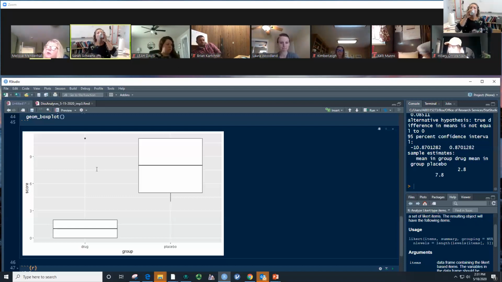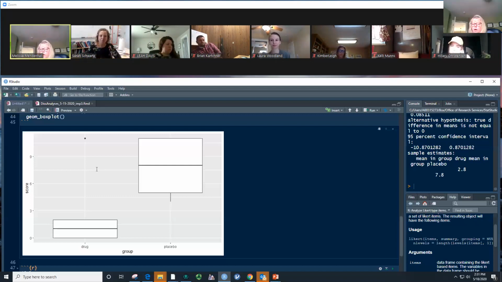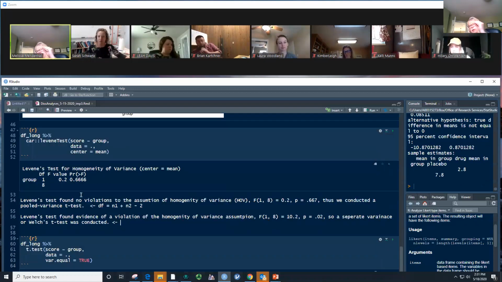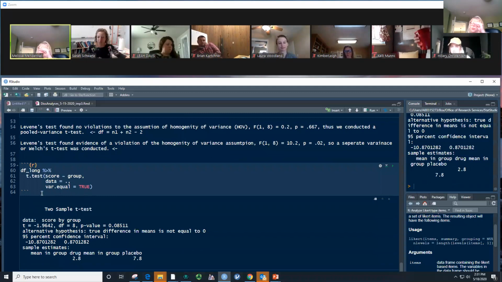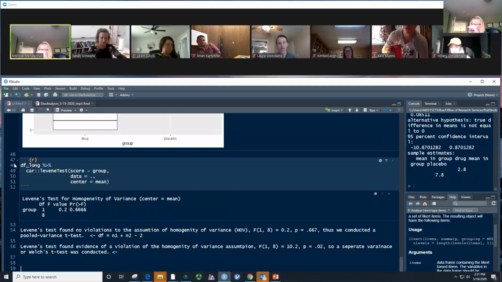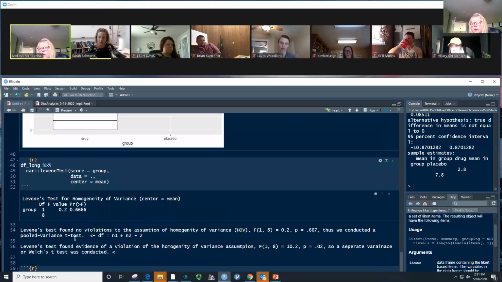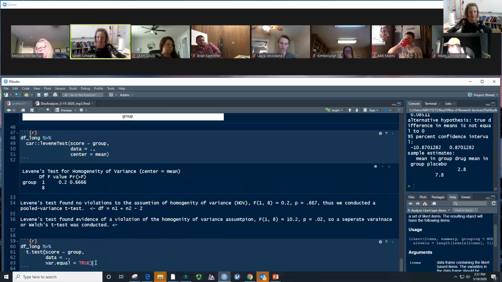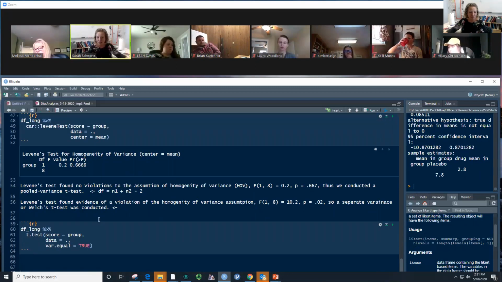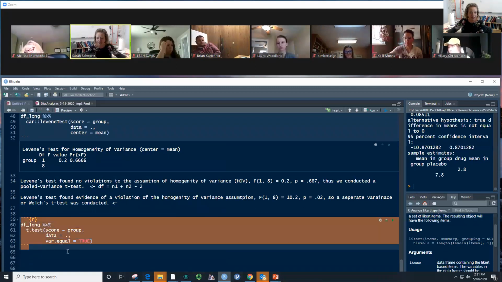Well, I was just wondering what the 2 different tests look like as far as coding goes in R. What's the difference between if we do the pooled versus the separate? The code looks exactly the same, except for the last thing.